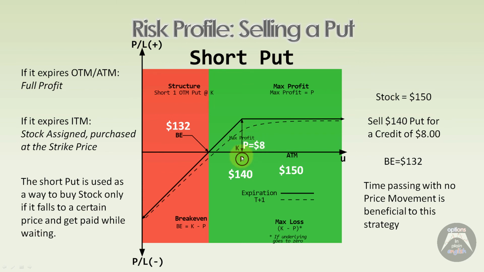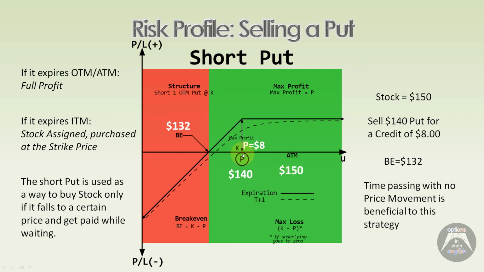So it's a way to hedge your potential entry into a stock. Let's say, for example, you sold the 140 for $8, and then this stock, $150, goes to 140.